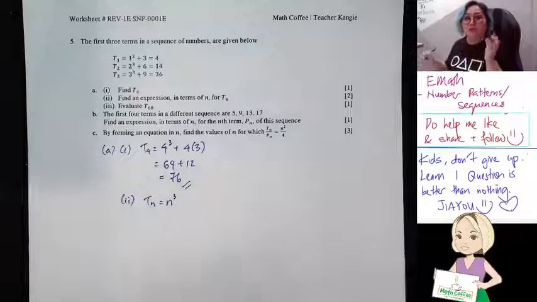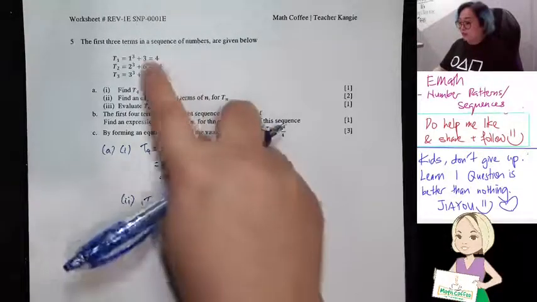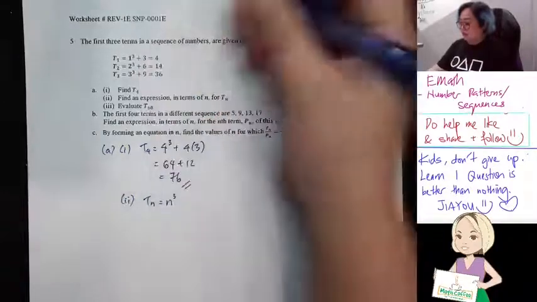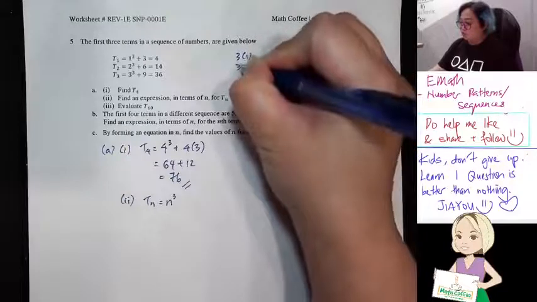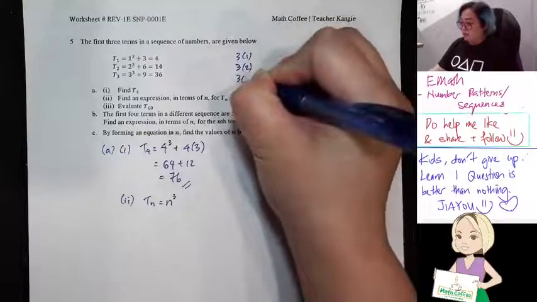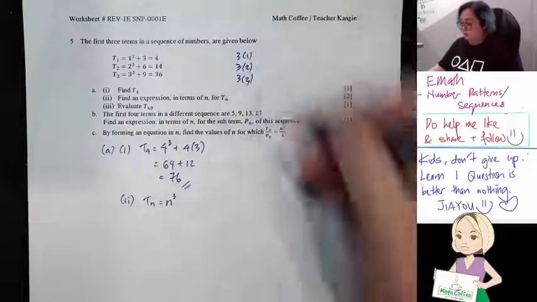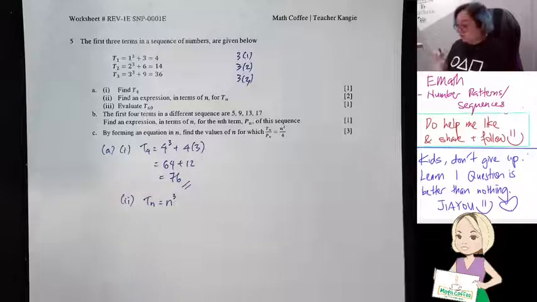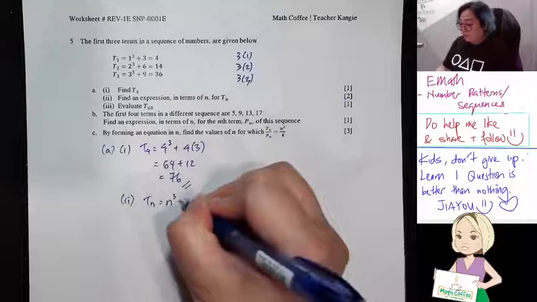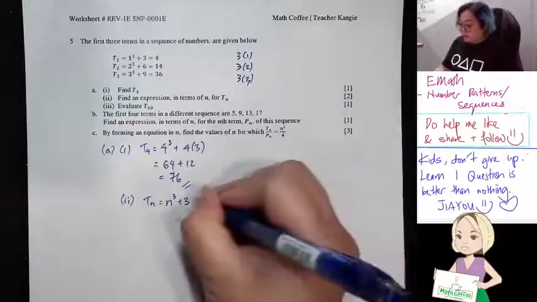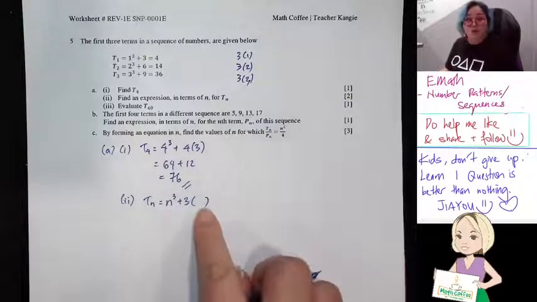And let's see whether it is multiple of 3n. So this is what you check. Over here, if I rewrite, the 3 is actually 3 times 1, 3 times 2, and 3 times 3. So the thing is, the 3 is fixed. So that means this is plus 3, this is fixed. Then there's something inside the bracket that is changing.